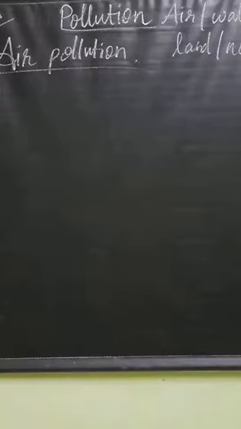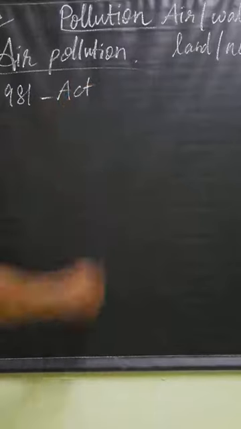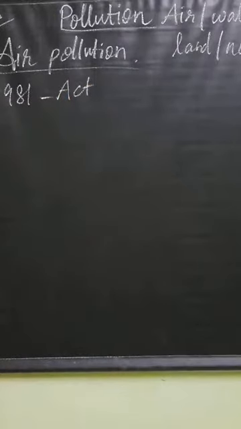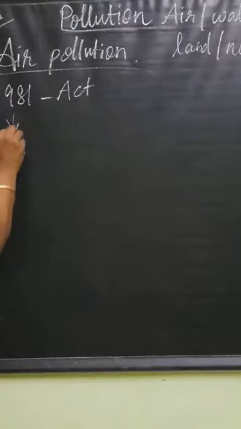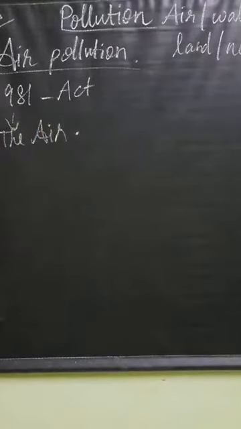The definition of air pollution is given by the 1981 Act. What does the Act say? This is the Act of the air, the Prevention and Control of Air Pollution Act.